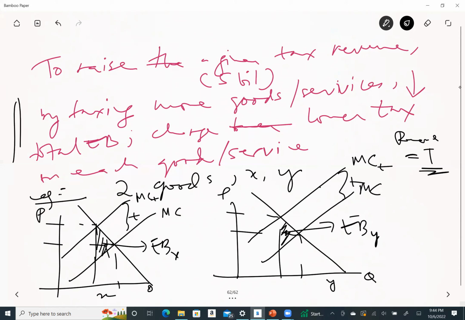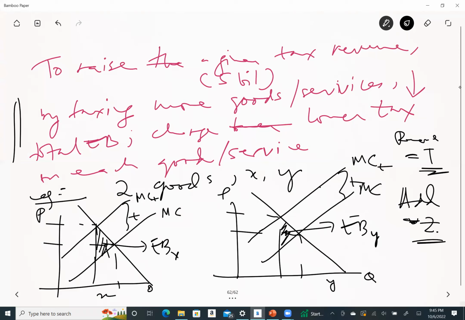So now, I want you to do this. You add another good, Z. So now you draw 3 diagrams. I draw only 2. Just like what I'm doing, don't draw very nicely, just sketch.